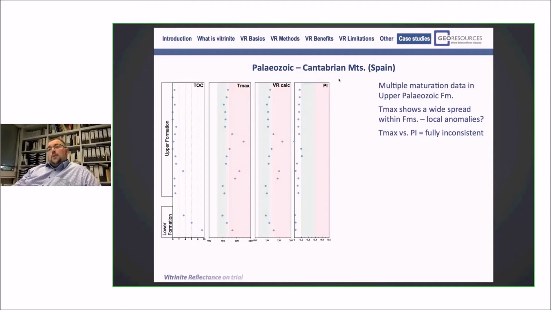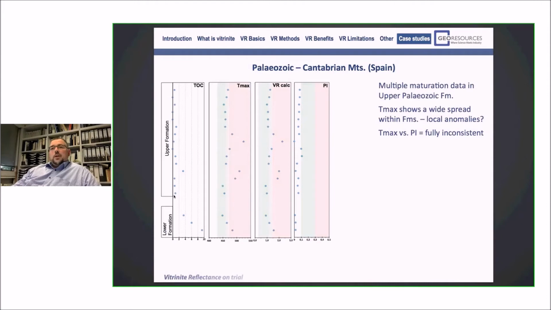I will just show two more examples on this vitrinite reflectance. Here, from the Paleozoic in the Cantabrian Mountains, again a Paleozoic example. What we had was chemical analysis, Tmax data, vitrinite reflectance calculated from Tmax data, and the production index, and they showed some very erratic distributions.